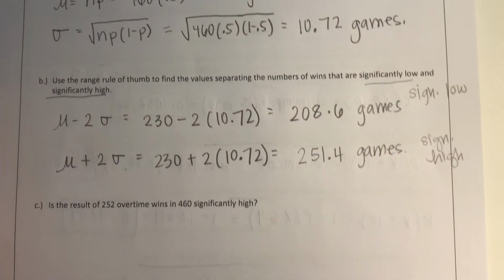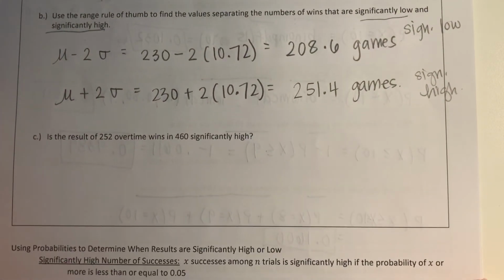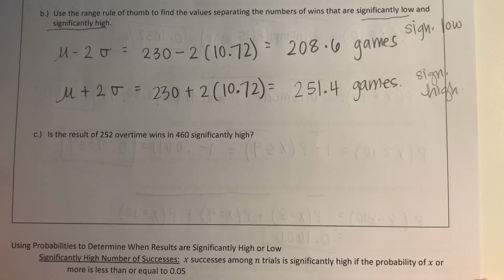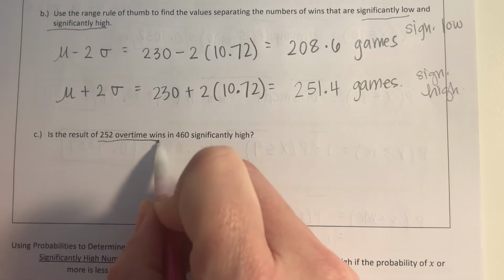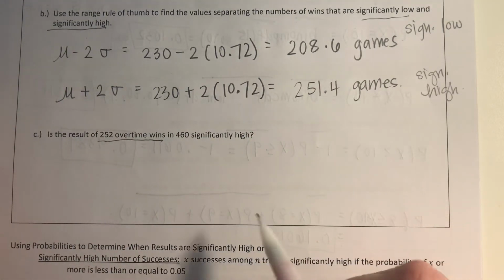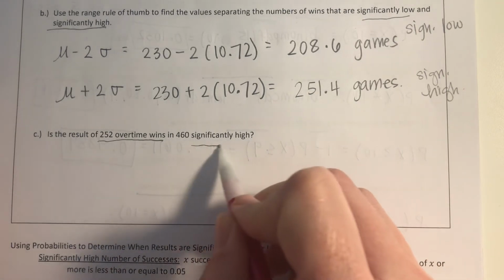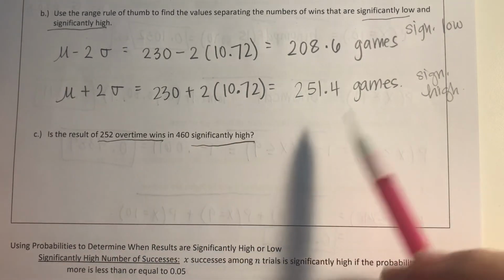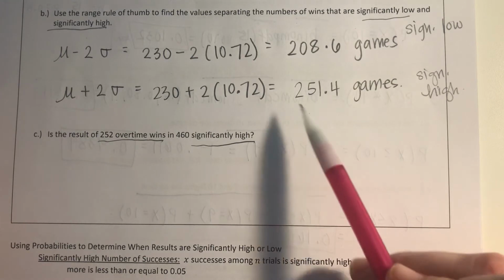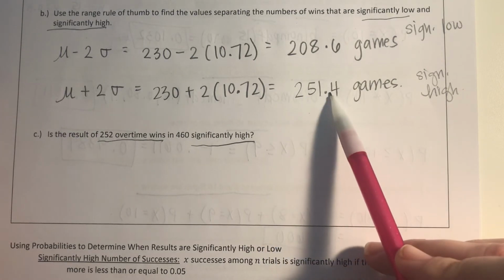Part C is a continuation of this that says, is the result of 252 overtime game wins in 460 significantly high? So significantly high is anything greater than 251.4 games.